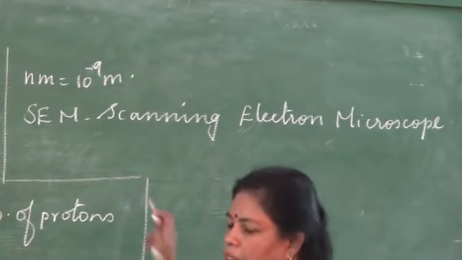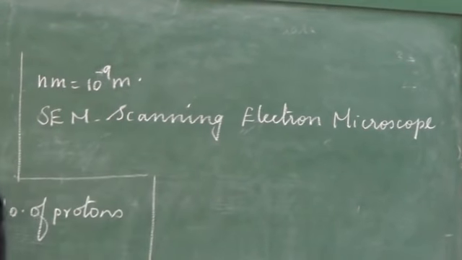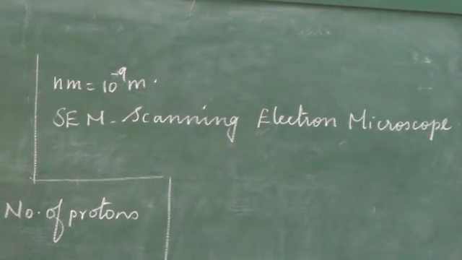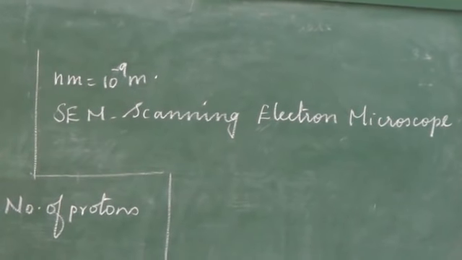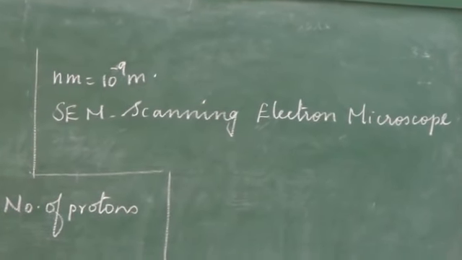By using the SEM, we can view the structure of the atom. Nowadays it is possible. Next we will see the topic valence electron.